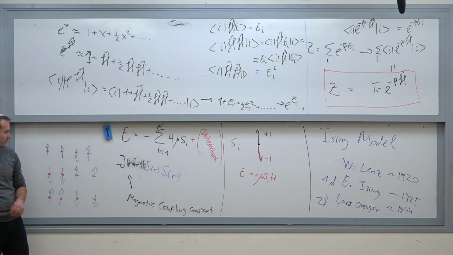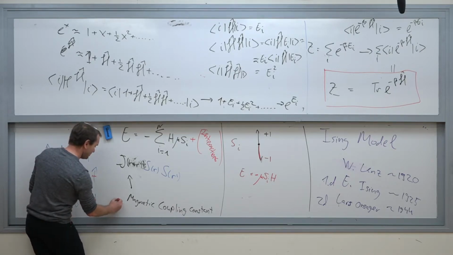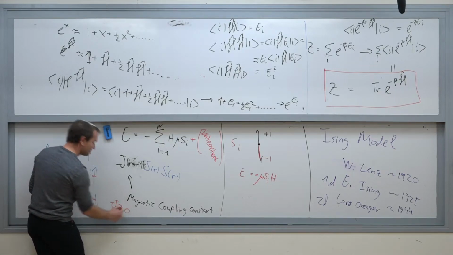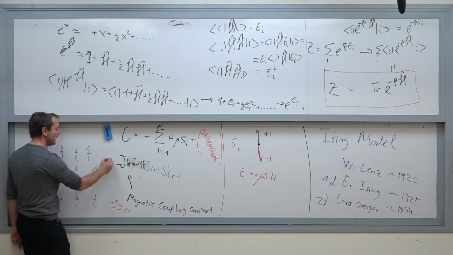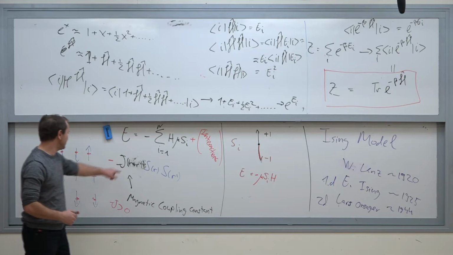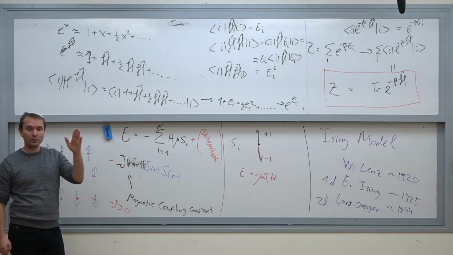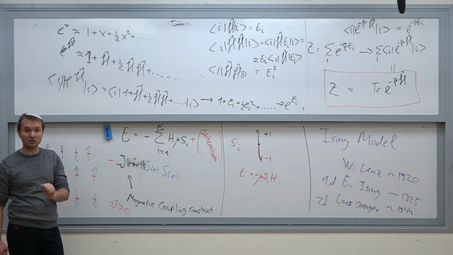Now, J is greater than 0, so I should place here a minus term. Why a minus term? J is positive, it can be 1, 2, 3, or 0 if the interaction is 0.